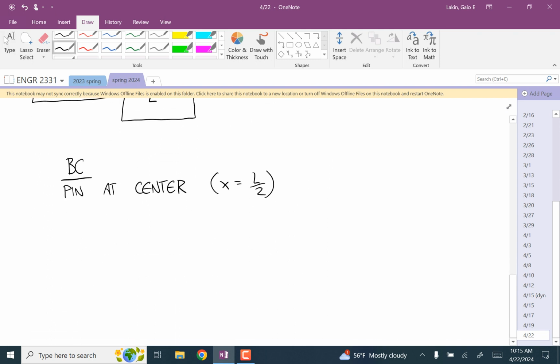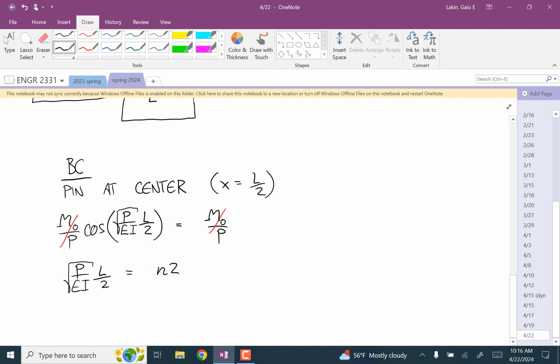And we have our equation that says M sub 0 over P times the cosine of the square root of P over EI times L over 2 is equal to M sub 0 over P. And so the square root of P over EI times L over 2 is equal to, so we're saying that the cosine is equal to 1 again. So this is equal to n times 2 pi again.